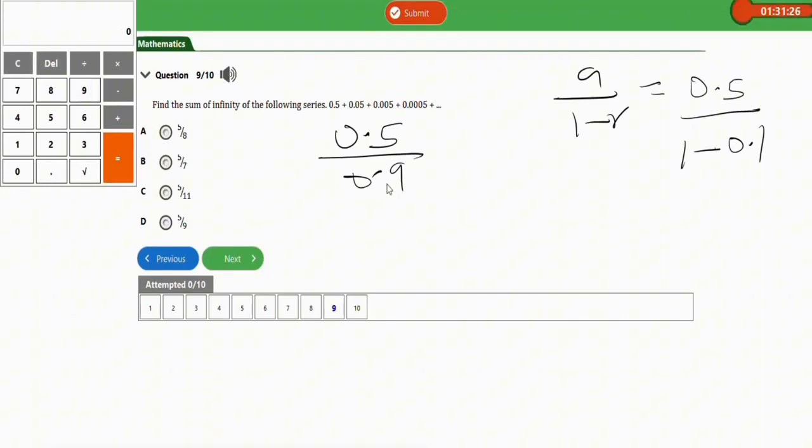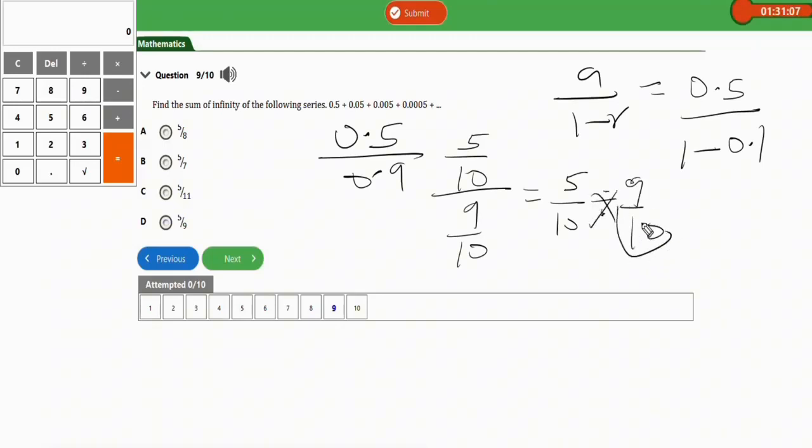Another way you can express this is 5/10 divided by 9/10. Change this to multiplication, invert what you have here. This will give you 5/10 times 10/9, which cancels. So the final output will be 5/9. The correct option to this question is option D, which is 5/9.